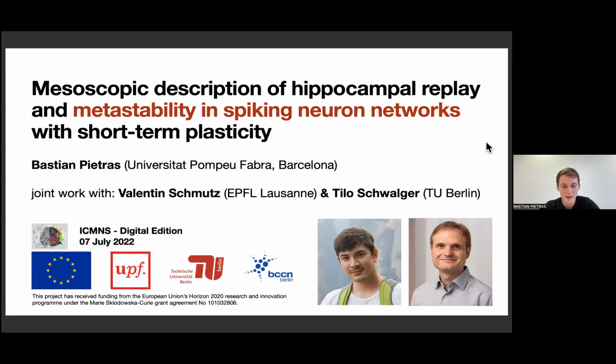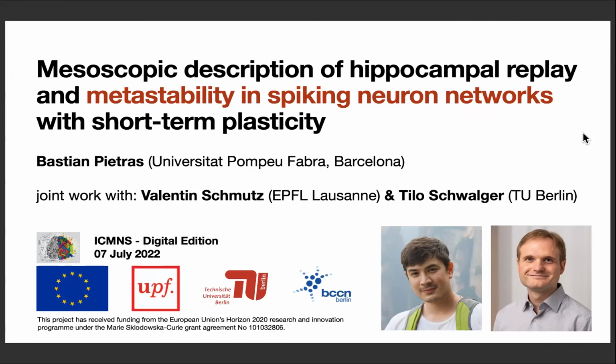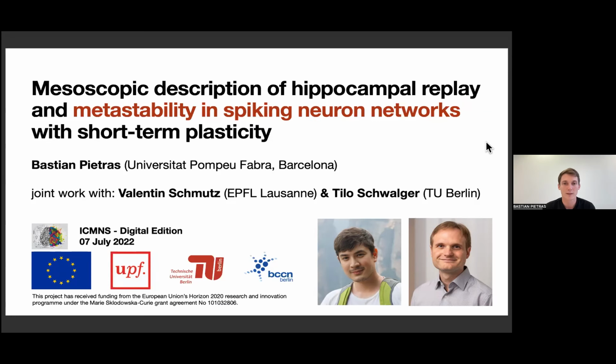This can be either spike frequency adaptation, mediated by calcium-activated potassium currents, or, and that's basically the focus of my talk, short-term synaptic plasticity. It indicates how many neurotransmitters can be released after an action potential. The other key factor is fluctuations, and here I will focus on finite size fluctuations.